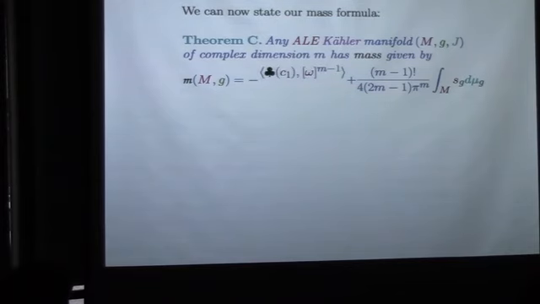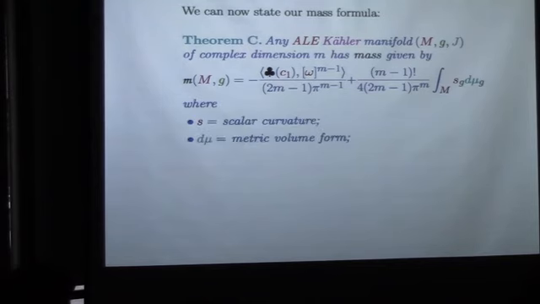Then next there is a term where there's a natural pairing between compactly supported second cohomology and closed forms in the complementary dimension. So you pair with the power of the Kähler form and integrate, if you like. And then that's times a certain factor that only depends on the dimension.